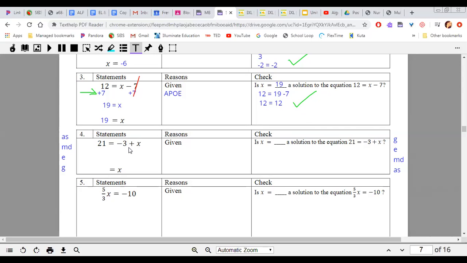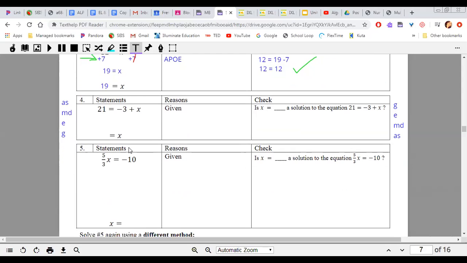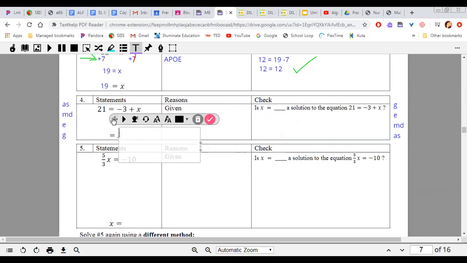Okay, so this is still one step for number 4. Number 5, we will do 2 steps. So in number 4, it says 21 equals -3 plus x. So if this is -3, what do I need to do to get x by itself? What do I need to do to this 3?